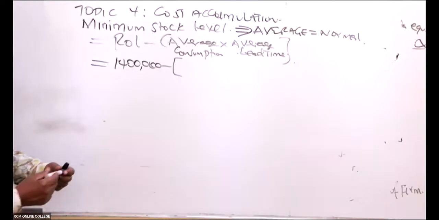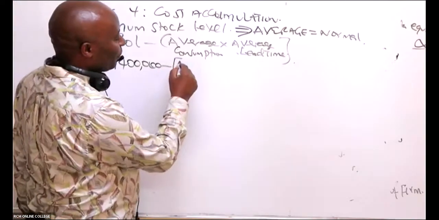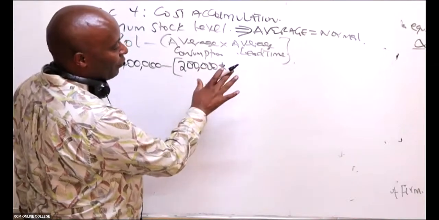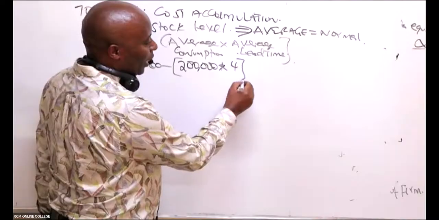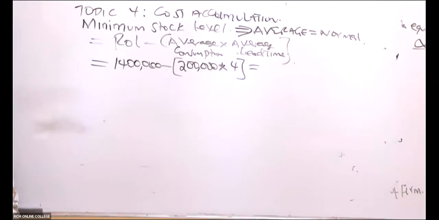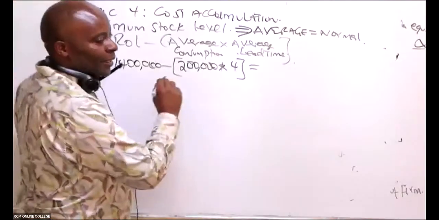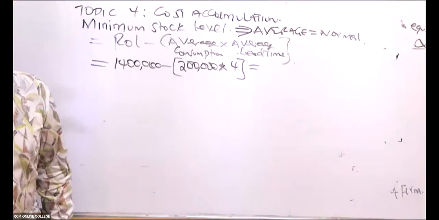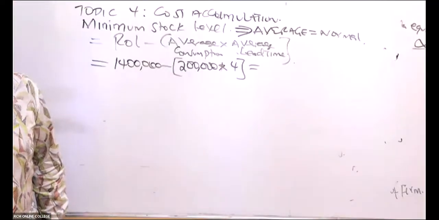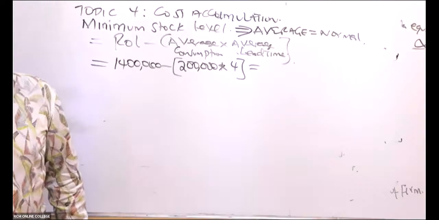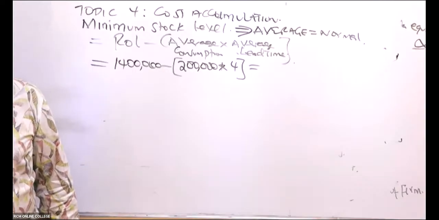The same average consumption is how much? 200,000, times what here? Average lead time, which is 4, right? So the final answer will be equal to 600,000, right? 600,000. Yes. There are two ways of doing this, and you'll realize your examiner will be very lenient.